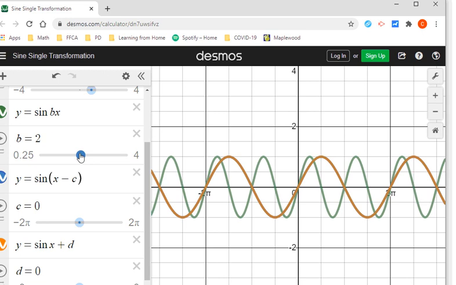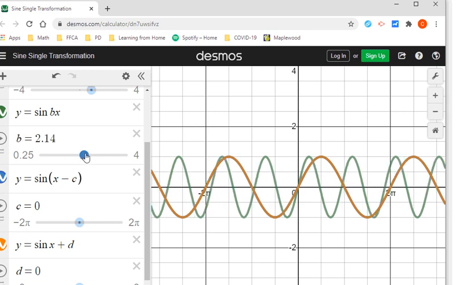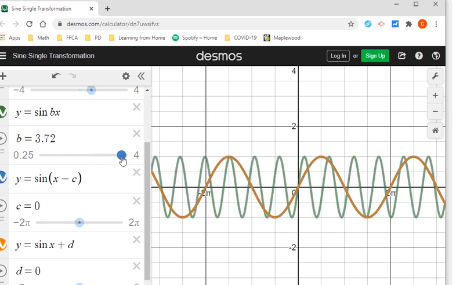Oh, there we go. So the period is smaller. The period is actually half as big. So we see one complete cycle that goes up and down and back again by the time you reach pi radians. So the bigger our b value, the smaller our period is.